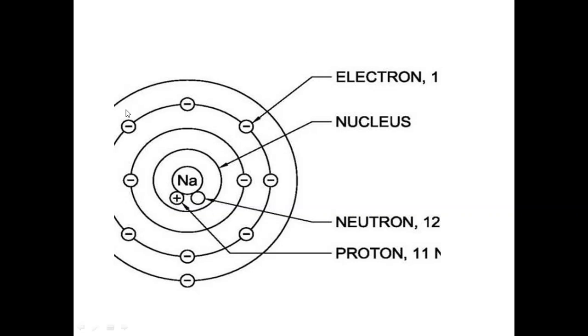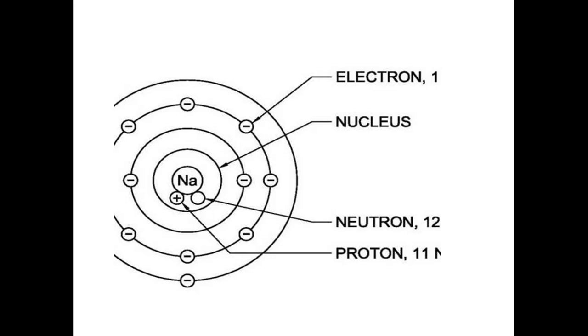But when it assumes a charge, it means either the protons or the electrons have exceeded the number of the other. If the number of electrons exceeds the number of protons in an atom, the atom becomes a negatively charged atom, which is an anion. On the other hand, if the number of protons exceeds the number of electrons in an atom, the atom becomes a positively charged atom, which is a cation.